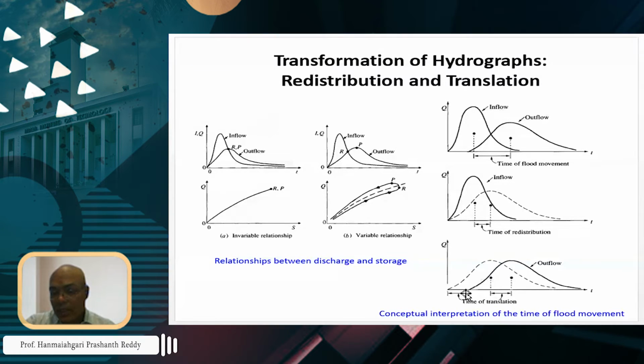Okay, you can see that here it attains a constant outflow hydrograph, then it is again shifted on the time axis in the downstream direction. So the distance between these two hydrographs is called the time of translation. So the time of flood movement is equal to the time of redistribution plus the time of translation.